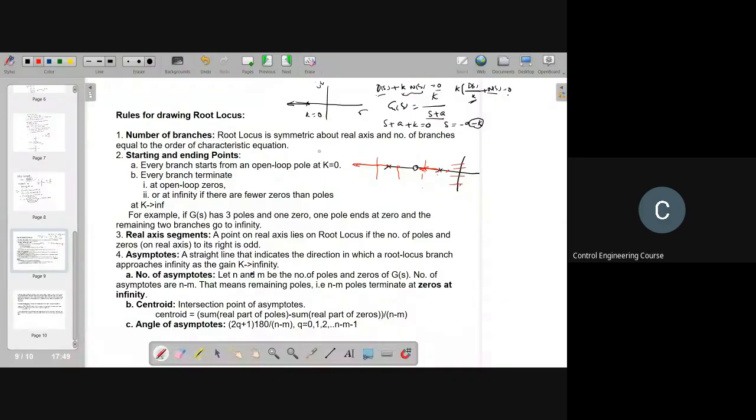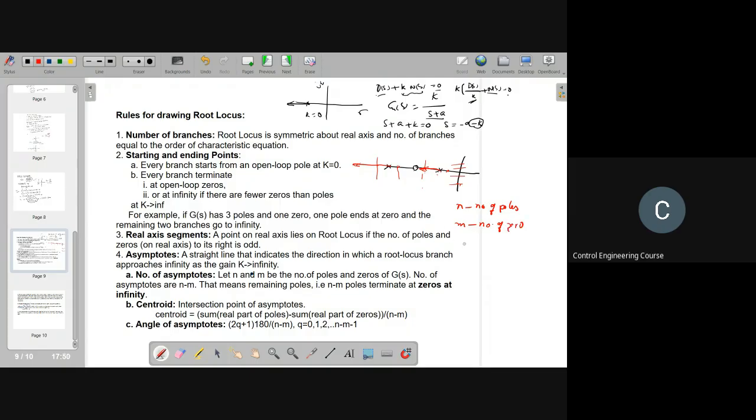Asymptotes actually give the direction in which the root locus branches approach infinity as k tends to infinity. Because the number of zeros is less than the number of poles, the remaining poles end at infinity. Let's say your open loop transfer function has n poles and m zeros, where n is the number of poles and m is the number of zeros.